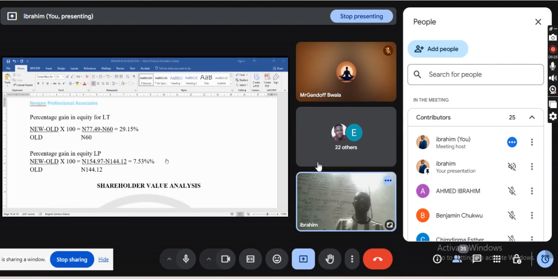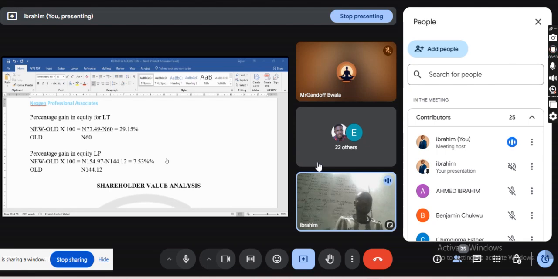I want to digress. When they are declaring dividends, the dividend is declared as a result of the profit made for the period. You could see Gcode declared a dividend of about 7 naira per share. What does that mean?